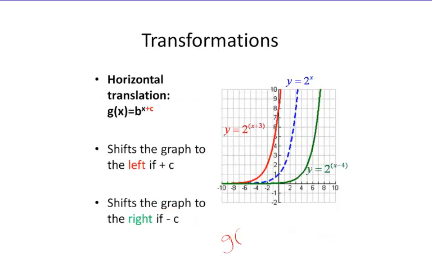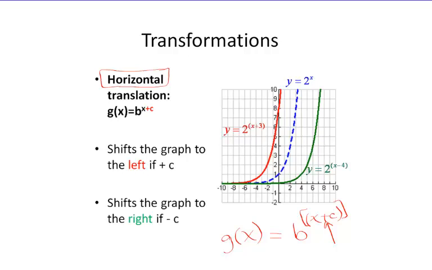When we have a parent function where the independent variable is inside of the operation, the operation that raises some input value and makes it the exponent to the base of b, and we are next to the independent variable, remember that was a horizontal translation.